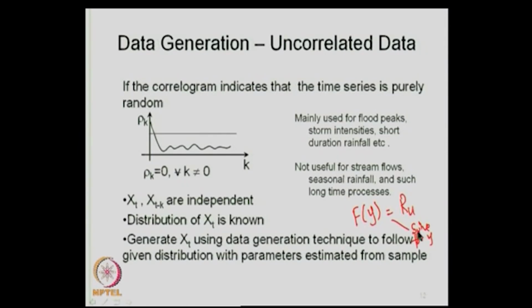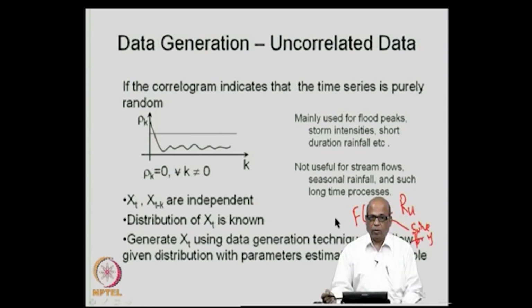For example, in the normal distribution we take the standard normal distribution and go to the tables which provide the standard normal deviates, and then using that you generate the values of y. So, this is what we do when you are sure that the data that you have observed are all uncorrelated, that means x t and x t minus k can be assumed to be independent.